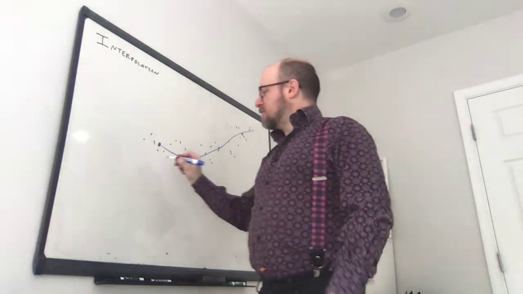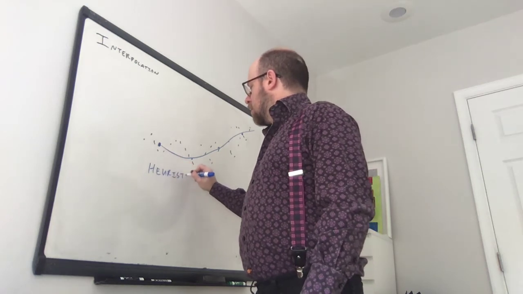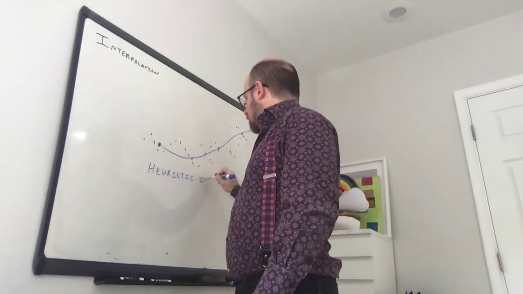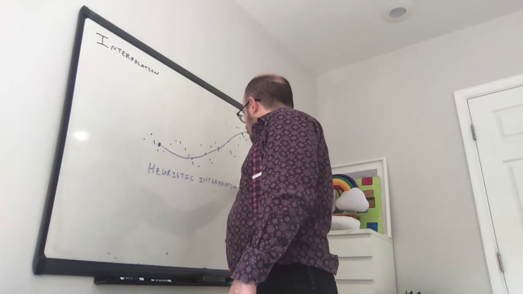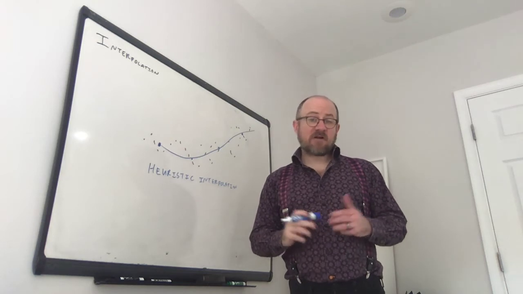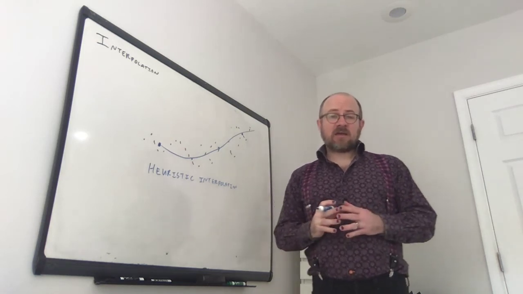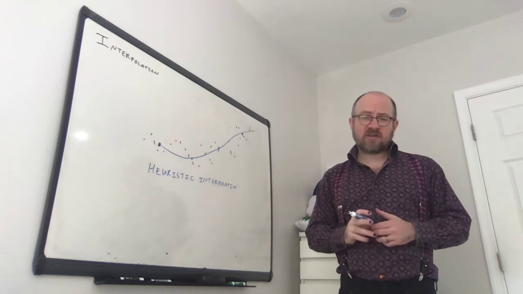Okay? So this is what's called heuristic interpolation. It's not strictly speaking a mathematical technique, but it can be very effective in getting some kind of model in data that's really, really noisy like this.